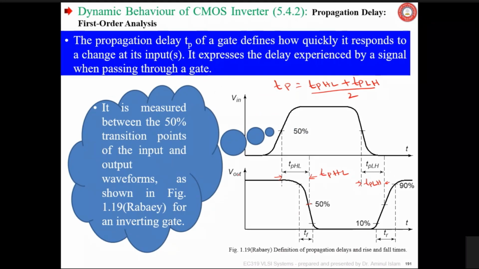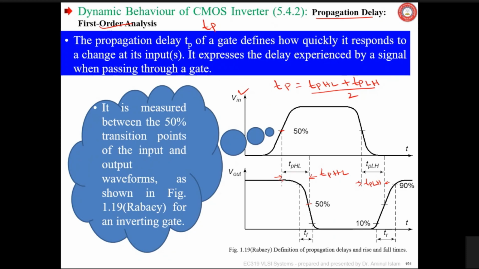So now we'll talk about the propagation delay. This is the next topic we have to understand. It is normally denoted by TP. TP is the average value of TP-HL and TP-LH. See, 50% point of input: input is rising here, and what will happen? Your output will fall.